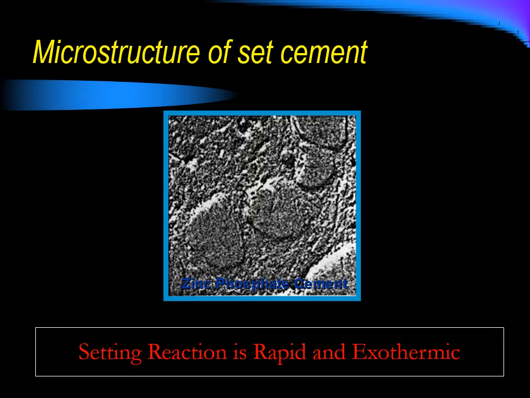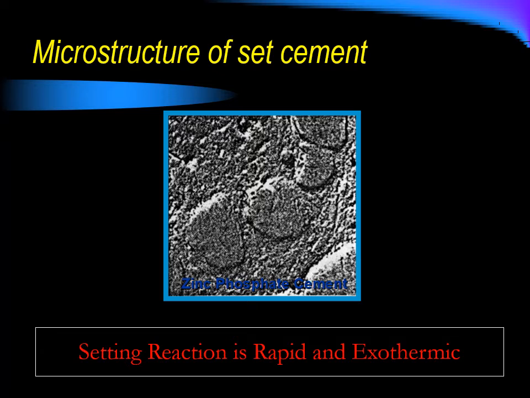And this is a scanning electron microscope photo of the set cement. This is the matrix of the cement, which is zinc aluminophosphate, and these are the unreacted zinc oxide particles, because only the surface of the particles reacts with the phosphoric acid.